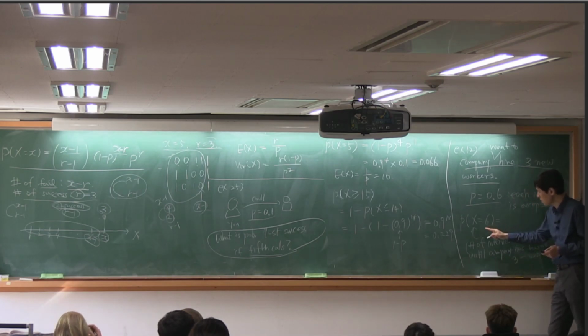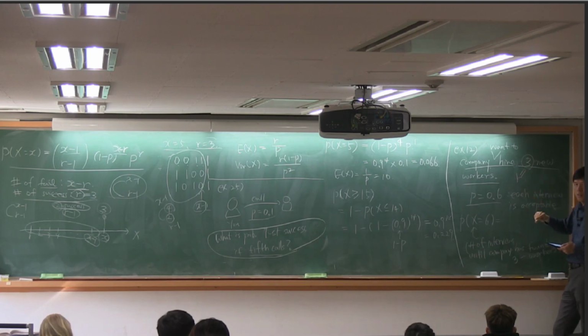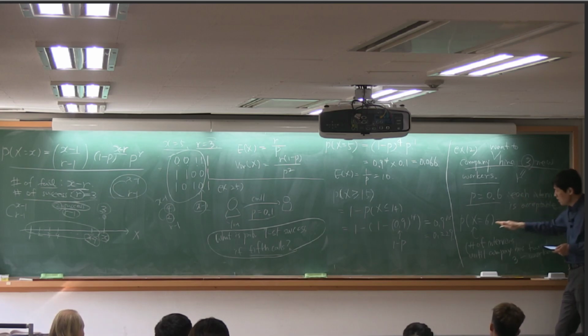That means this is a negative binomial distribution. And this 3 is r, the number of successes. And the third success should happen in the 6th trial.